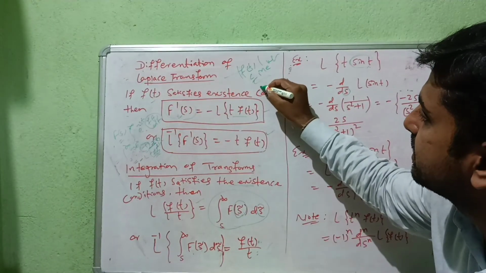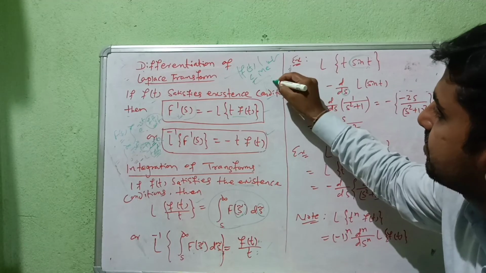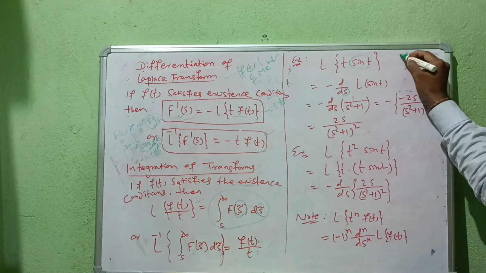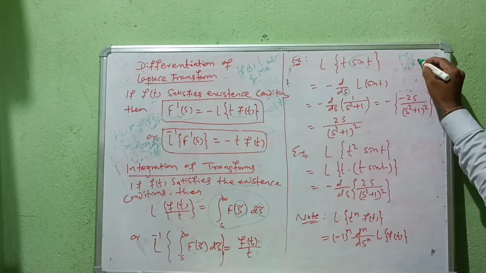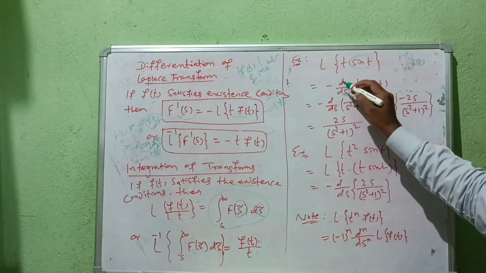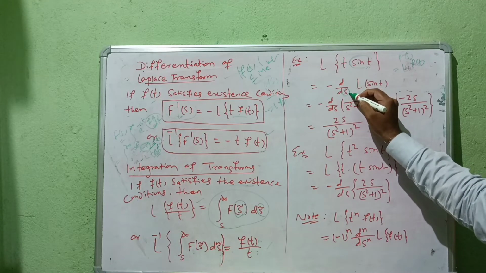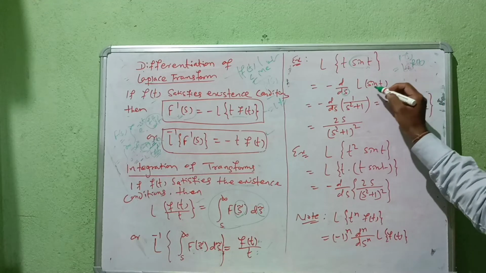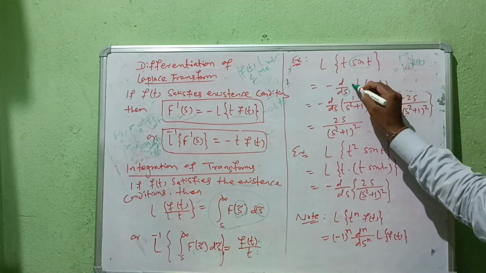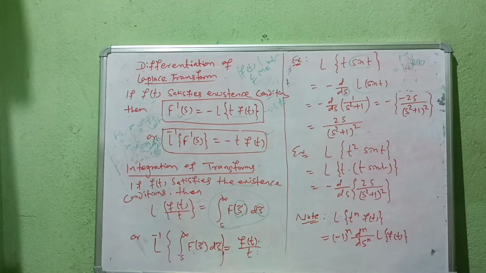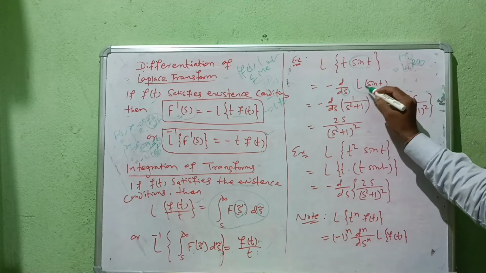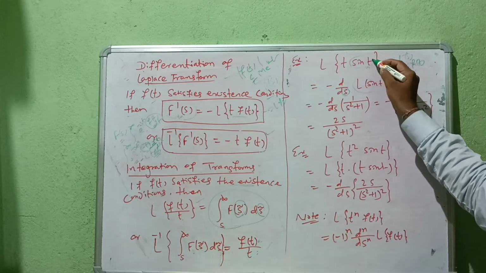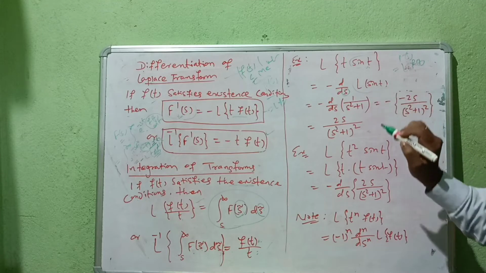F of s is Laplace of f of t. So therefore, minus d by ds of F of s. What is F of s? F of s is Laplace of f of t, and here we compare f of t with sin t, so Laplace of sin t.